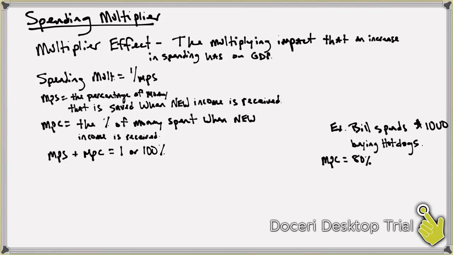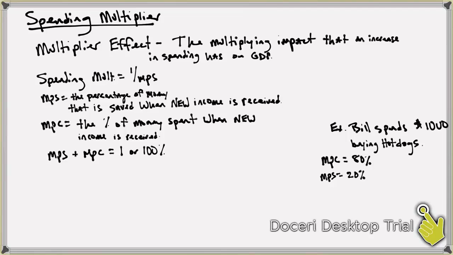Now that means that when people in this economy that Bill's living in receive new money, they're going to spend 80% of that new money. And that must mean then that if MPS and MPC are equal to 100%, the MPS must be equal to 20%.